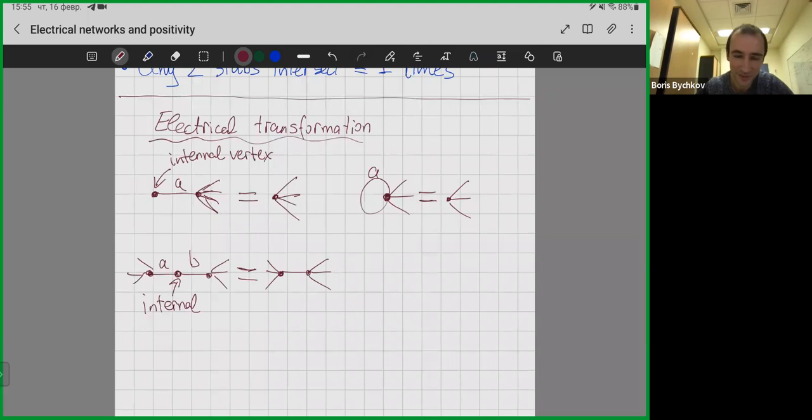All vertices and edges outside this picture stay the same. So we can delete internal vertices like this and like this.